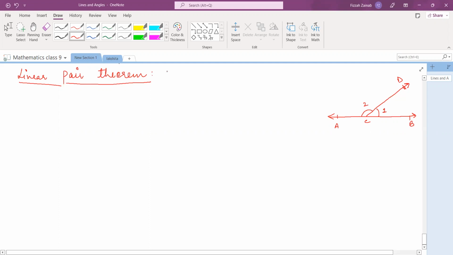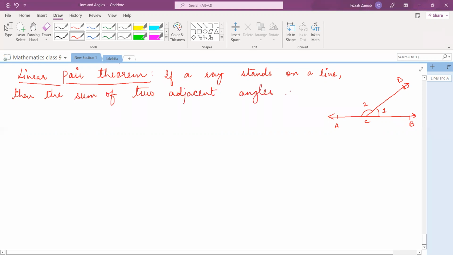So write a statement that if a ray stands on a line, then the sum of two adjacent angles so formed is 180 degrees.